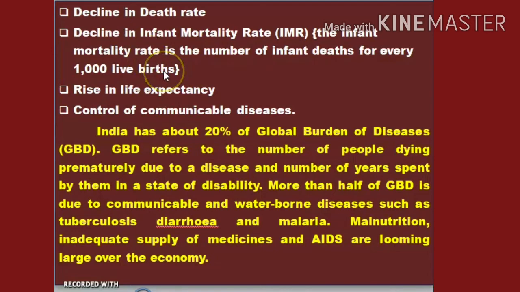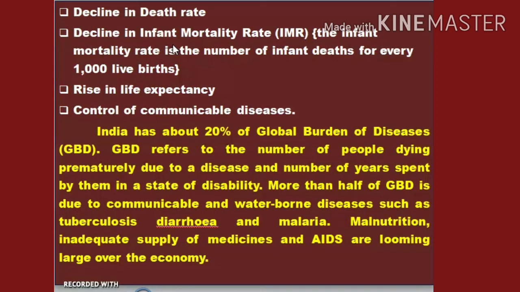So that is the rate that is prevailing now. What was 146 previously has now been reduced. What may be the reasons? Because of good medical care, good educational facilities and better sanitation. So these may be the reasons for this decline.